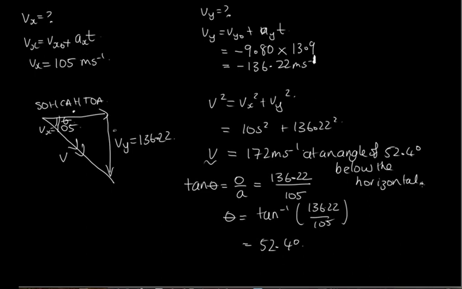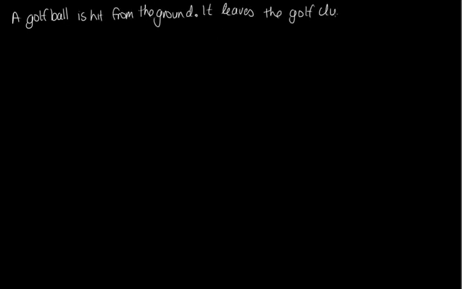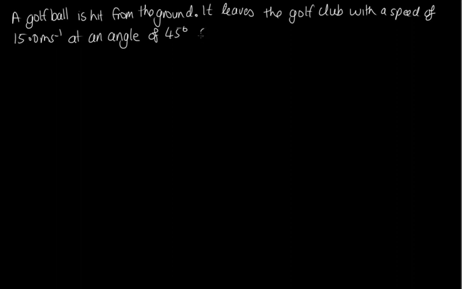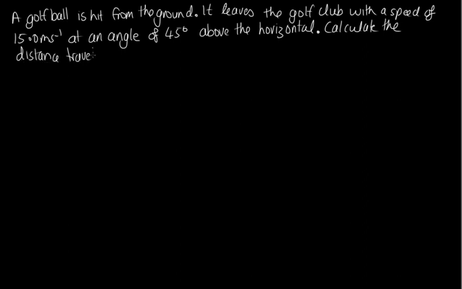Now there's another problem for us to try. The question: a golf ball is hit from the ground. It leaves the golf club with a speed of 15.0 meters per second at an angle of 45 degrees above the horizontal. Calculate the distance travelled by the golf ball.